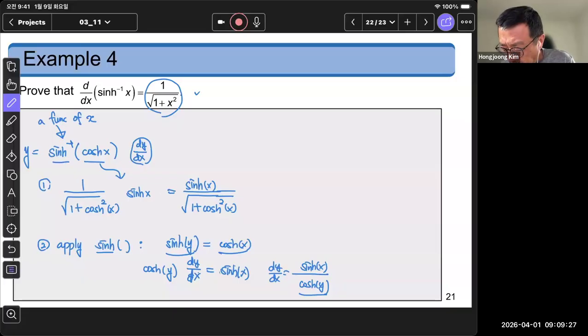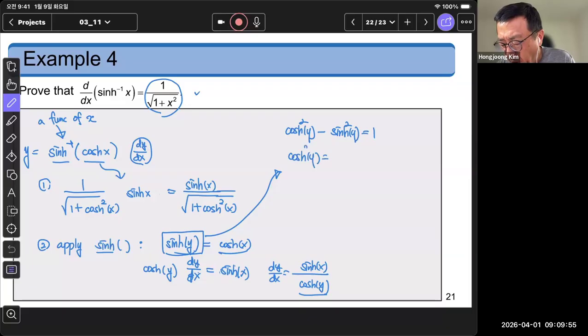Now, please remember that we know the expression of hyperbolic sine of y, that is hyperbolic cosine of x. So since we have this, and we have the formula that hyperbolic cosine of y squared minus hyperbolic sine of y squared is 1, hyperbolic cosine of y squared will be 1 plus hyperbolic sine of y squared.